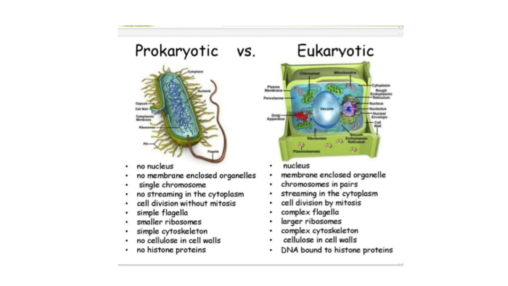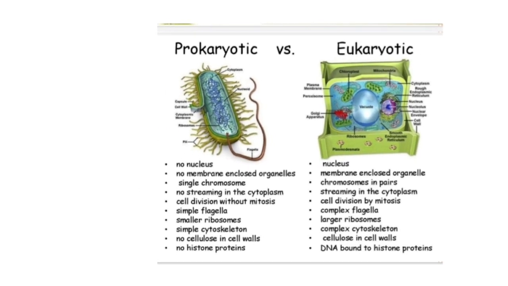Prokaryotic cell ribosomes are smaller in size, eukaryotic cell ribosomes are larger in size. Prokaryotic cytoskeleton is simple and eukaryotic cytoskeleton is complex. Prokaryotic cells have no cellulose in the cell wall, eukaryotic cells have cellulose in the cell wall.